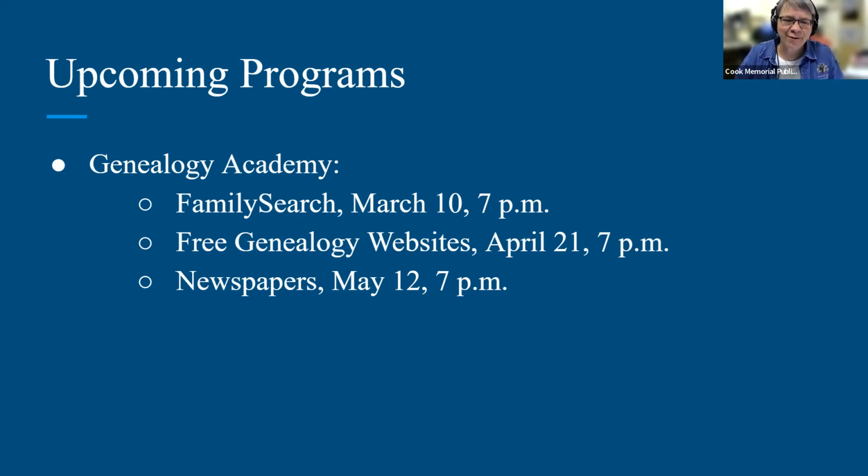So the more we can get for free, the better. And in May, we'll talk about newspapers, which besides Census is another one of my favorite types of records. These are all open for registration now on the library's website under the Events tab.